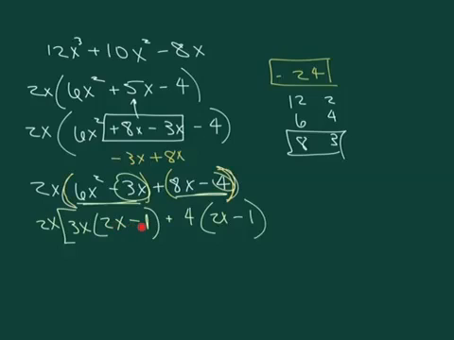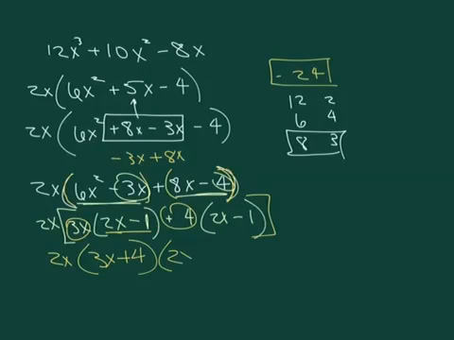Alright, and notice this and this are the same. Has to be. Put our grouping symbols there, and then we do this. We take what we pulled out, put those together, and we take these and leave those together as one group. And we are done once we get all the way down to there.